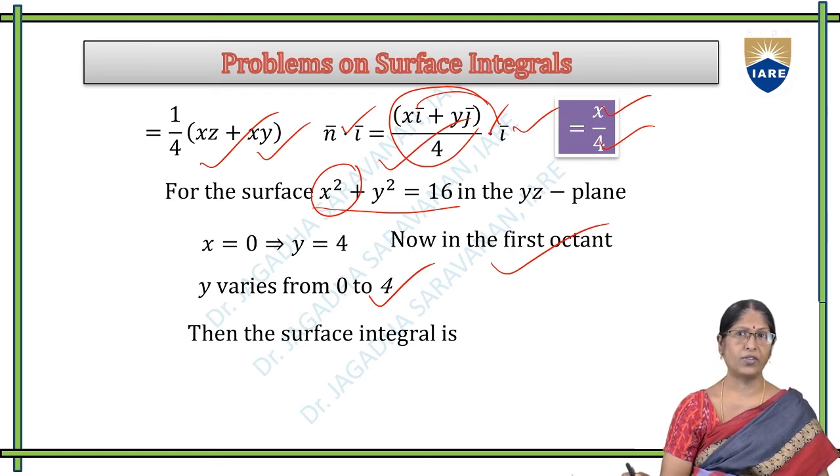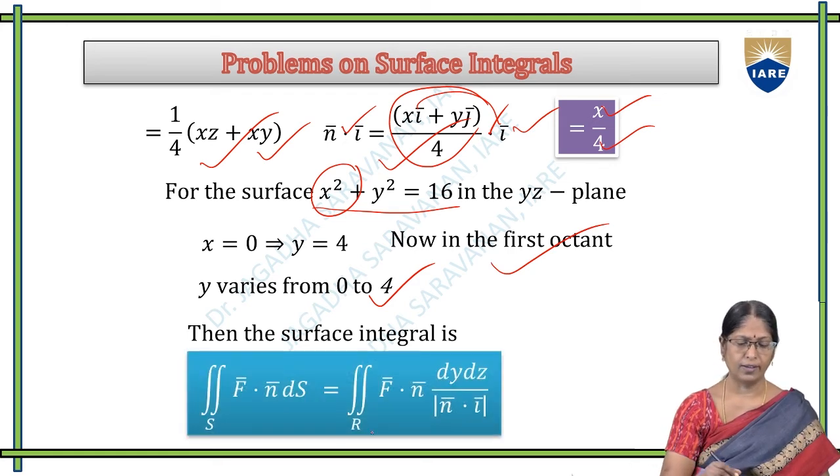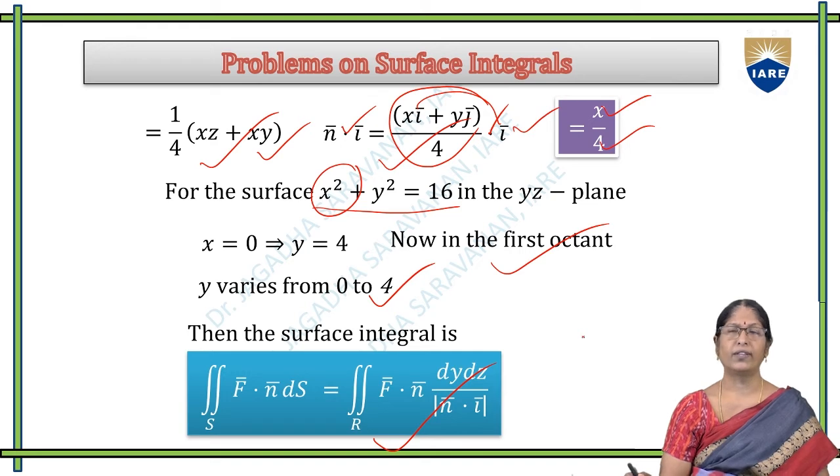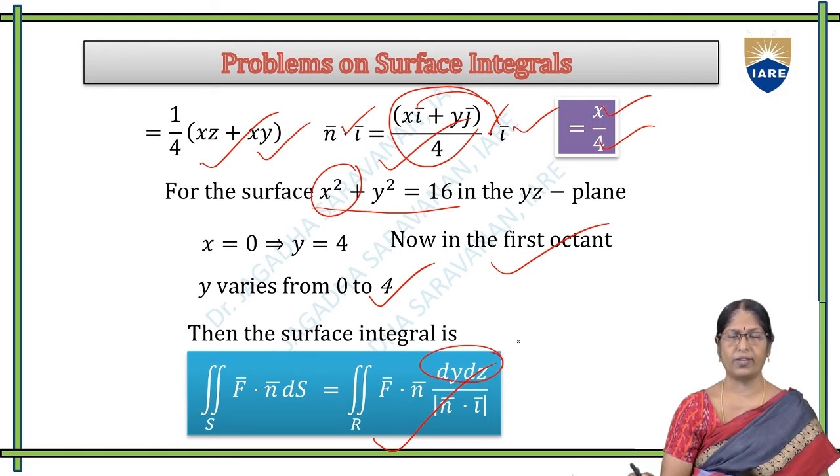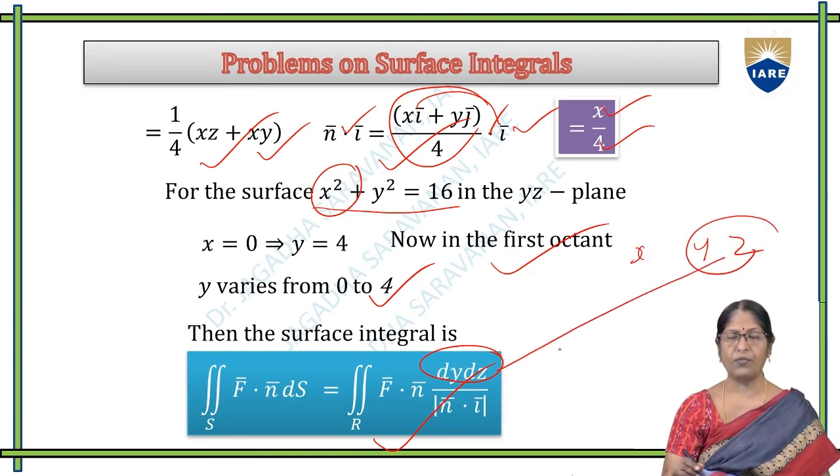Then the surface integral is, this is the formula, f dot n dy dz divided by n dot i. Because ours is the YZ plane, here we have taken dy dz. So totally, the surface integral towards YZ we are evaluating.